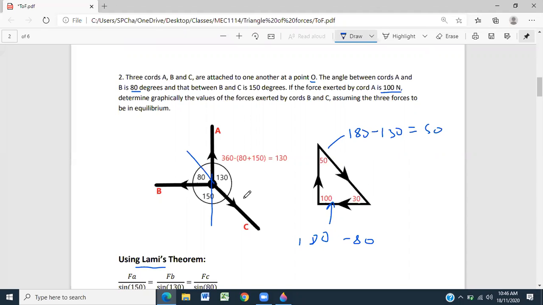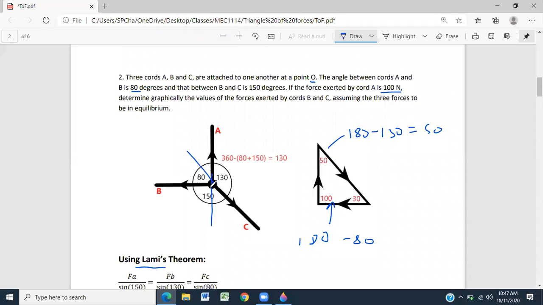Excuse me, sir. For that angle that you just found, you couldn't have done 150 minus 90 also? Yeah, you could. 150 minus 90 would just give you this, right?